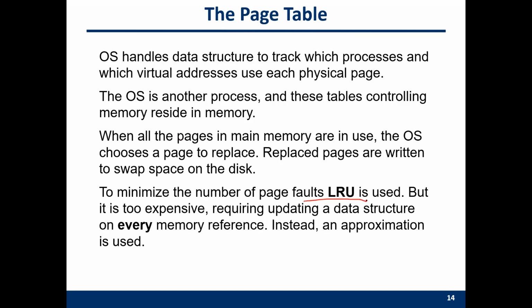You can also use the least recently used policy to do the page replacement. But in order to maintain this least recently used information, the operating system needs to do a lot of writes in the main memory. So it's very expensive. Some approximation algorithm is actually used in current systems.